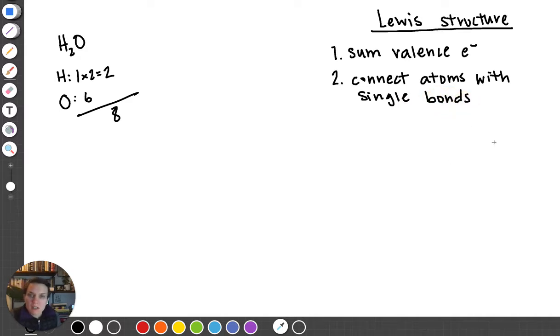Remember, a single bond represents equal sharing between species. What's really important in step 2 is that you have to, as a subset, call it A, identify your central atom. So what is your central atom going to be? Typically, your central atom is going to be the unique atom or element.